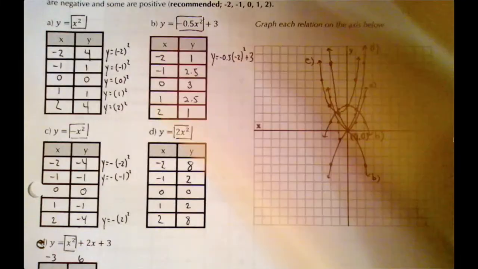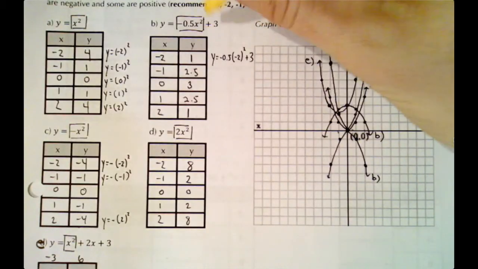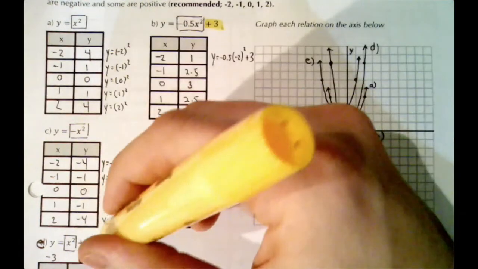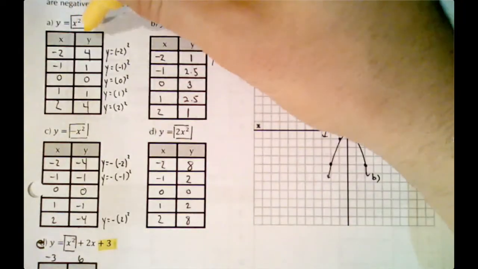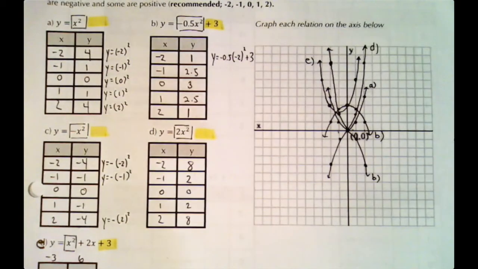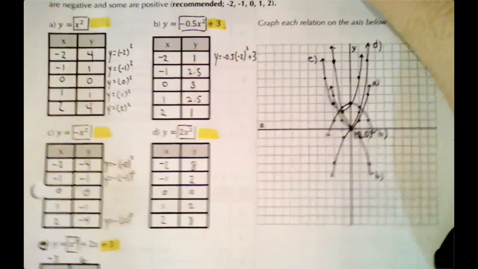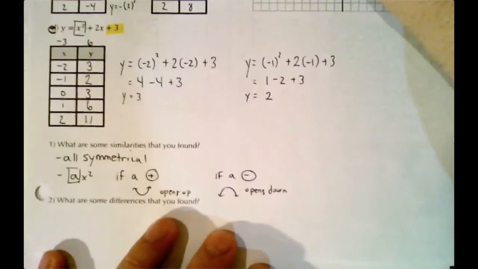If you look at the equations, the ones that have 3 have a 3 as the constant term. And the ones that have 0 don't have a constant term. And that's because the constant term tells you the y-intercept.